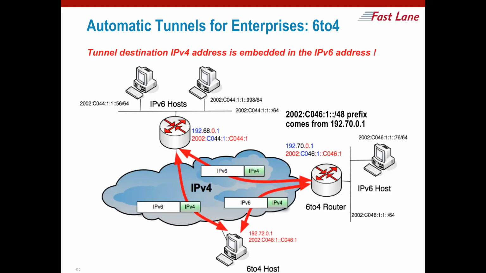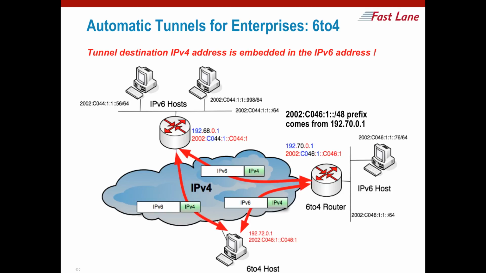So actually, if you take the example of this address here, 2002:C046:1, this is a /48 prefix, and it comes from the IPv4 address 192.70.0.1.